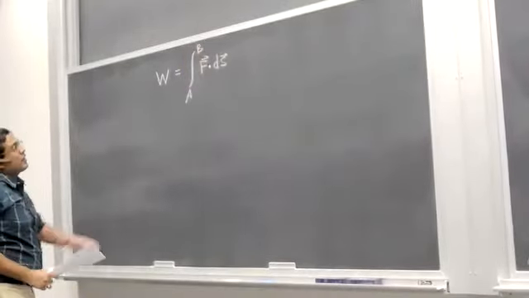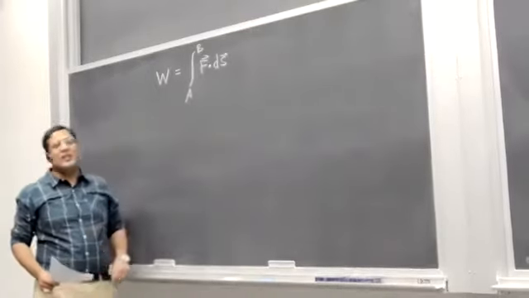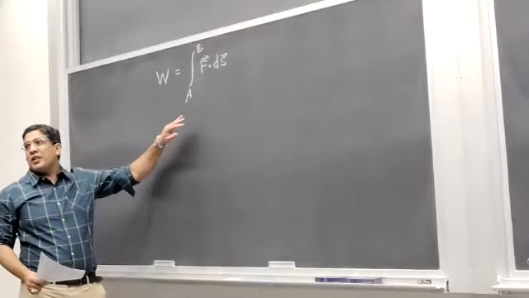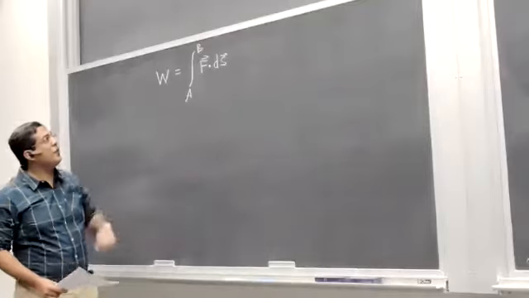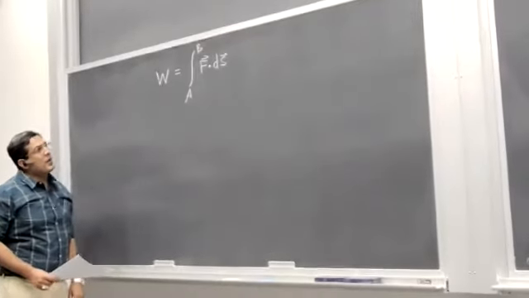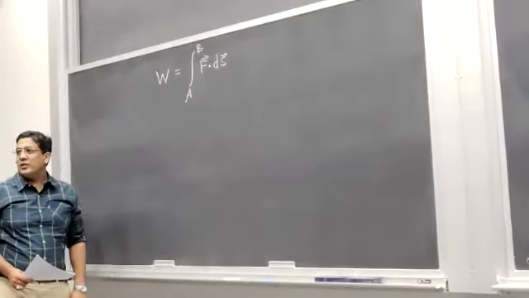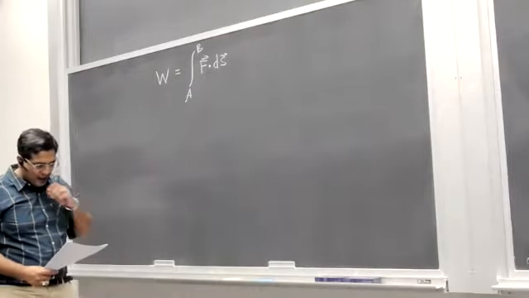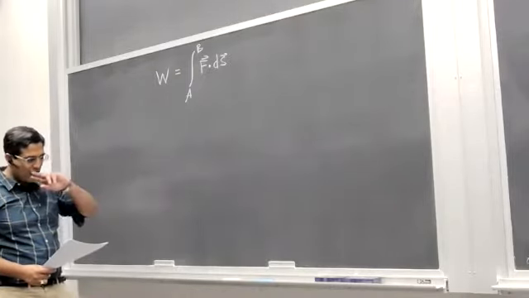And as you can see, this integration suggests that work may actually depend on the path that you travel along. And it was in a way a contradiction, because that was our original motivation.